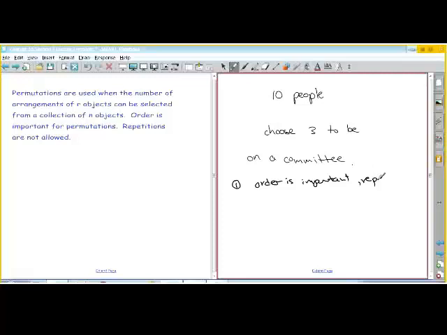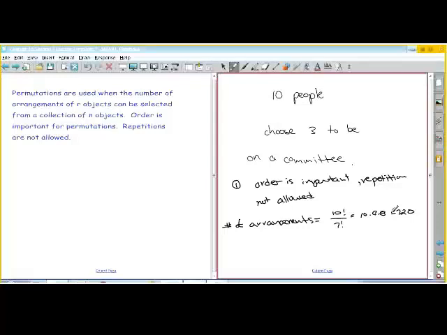Repetitions are not allowed. Once somebody's chosen, you can't choose them again. Well, that's exactly what I just did for permutations. So I know that the number of arrangements where order is important for this case is 10 factorial divided by 7 factorial, or we could just say it's 10 times 9 times 8.